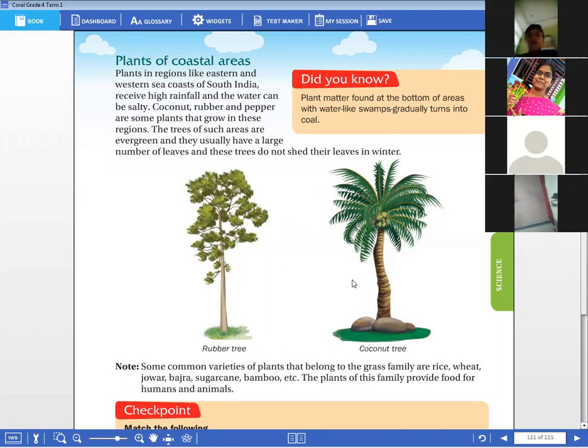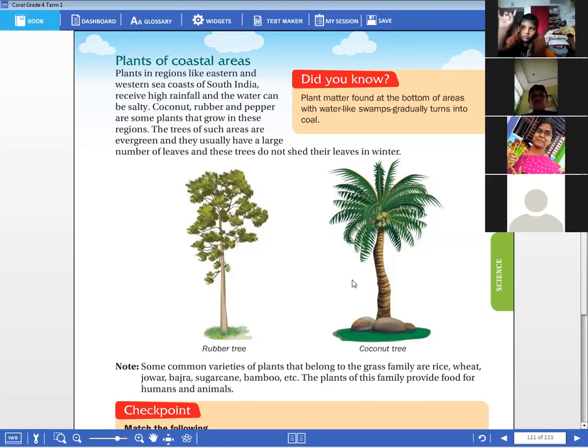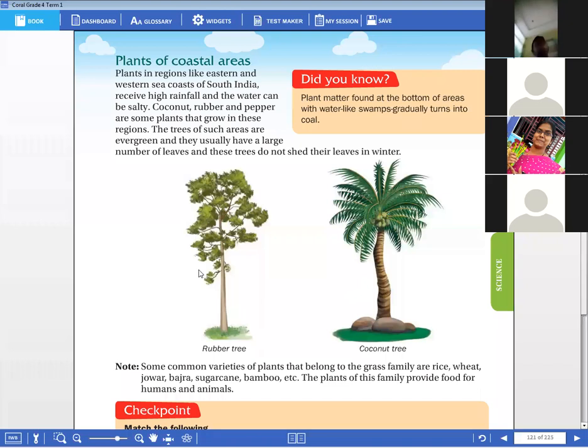Here, children, coconut, rubber, and pepper. Have you ever seen coconut trees? You can see coconut trees anywhere easily if you go out. My Charvik is going out to watch a coconut tree right now. Okay, you may have a look at coconut trees and rubber. See, children, this is how a rubber tree usually looks.